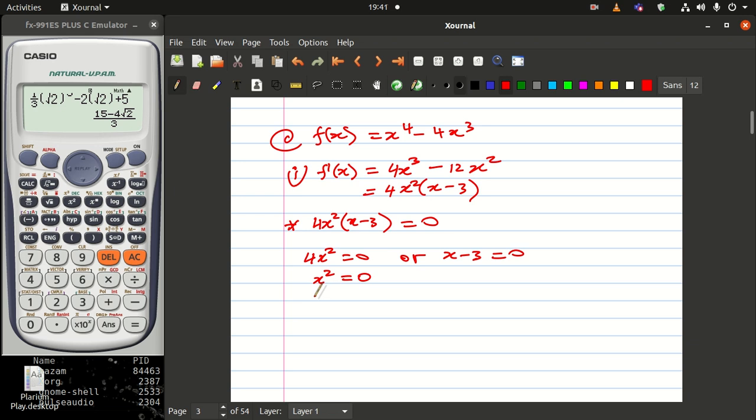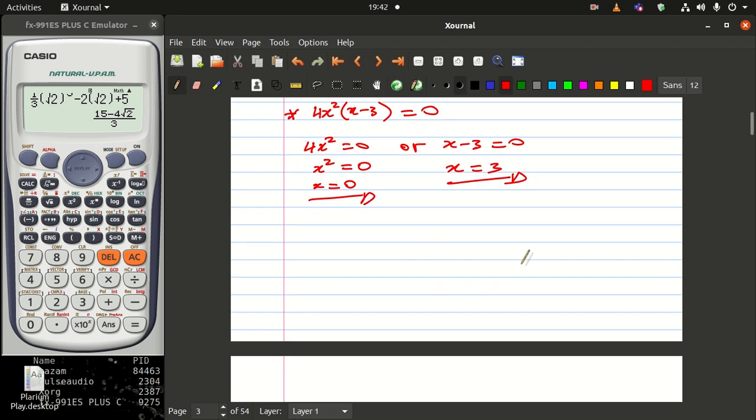If I take square root on both sides, I will just get x is equal to 0, whether I like it or not. And on this side, I will get x is equal to 3 when I take it to the other side. So now you have the critical points.